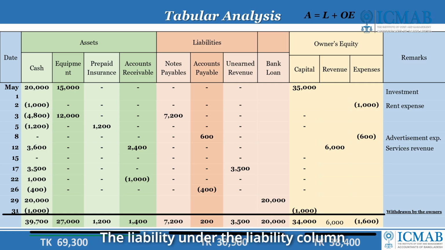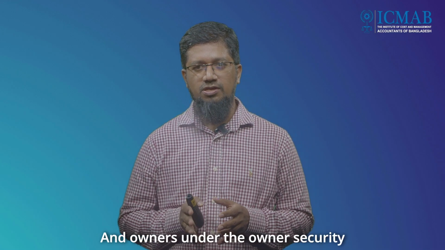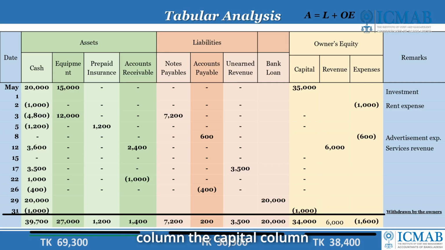Under the liability columns, notes payable includes taka 7,200, accounts payable includes taka 200, unearned revenue includes taka 3,300, and bank loan taka 20,000. And under the owner's equity columns, the capital column consists of taka 34,000, revenue account consists of taka 6,000, and expense column consists of taka 1,600.